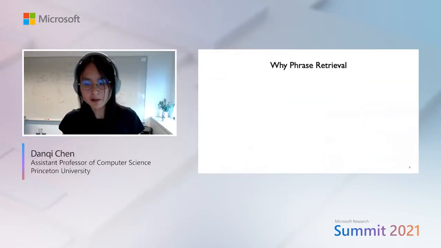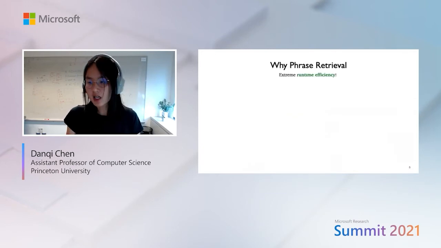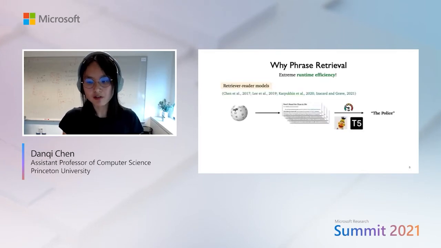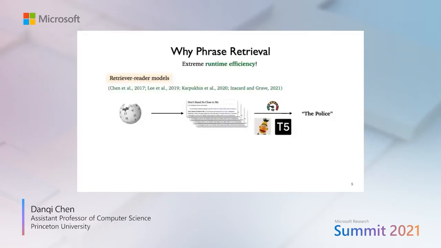So you may wonder, why do we even want to solve this phrase retrieval problem? The answer is because phrase retrieval can be extremely fast at inference time. In the popular retriever-reader paradigm, we need to first retrieve the top 100 passages, and then apply a second stage reader model on top of the passages to get the final answer.